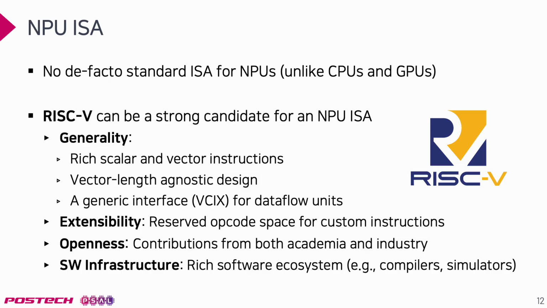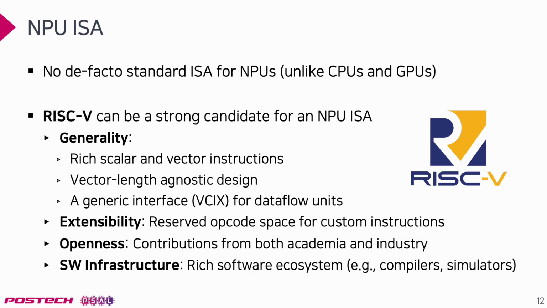So we had to address this gap, and we realized that RISC-V can be a strong candidate for this purpose. It is a general-purpose ISA with rich scalar and vector instructions, and it is flexible in terms of supporting different vector lengths. Unlike other vector extensions like Intel AVX or NVIDIA PTX, the vector length of RISC-V can be chosen with greater freedom.